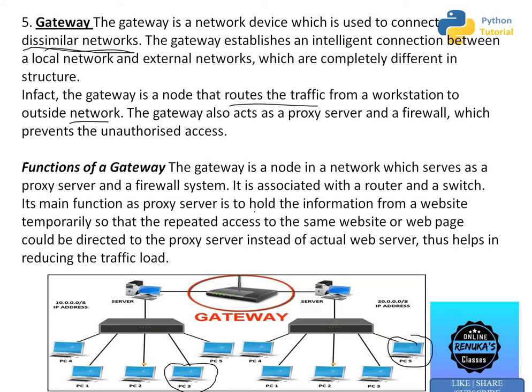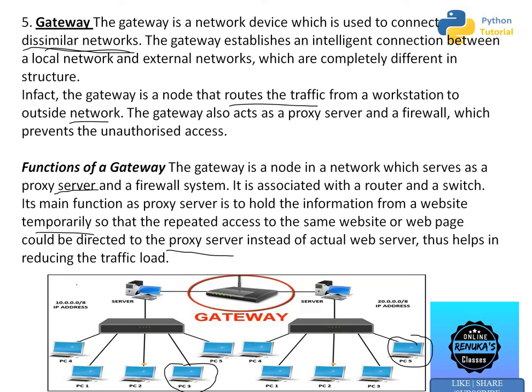So that route is also selected by the gateway. A gateway is a node in a network which also serves as a proxy server. Proxy server means that if you are asking for information from a website, that website information will be temporarily stored, and in case of repetition the request will be directed to the proxy server instead of the actual web server.